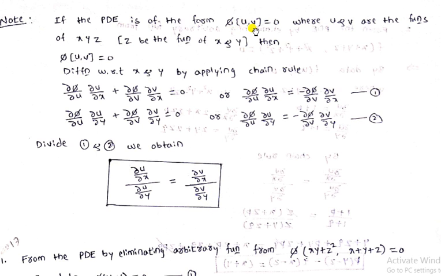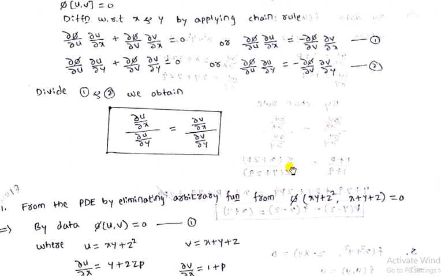So if the given problem is phi of u v form, then differentiate u and v partially with respect to x and with respect to y and calculate dou u by dou x, dou u by dou y, dou v by dou x and dou v by dou y. It can also be denoted as ux by uy is equal to vx divided by vy. So now the problems are in this formula phi of u v equal to 0.